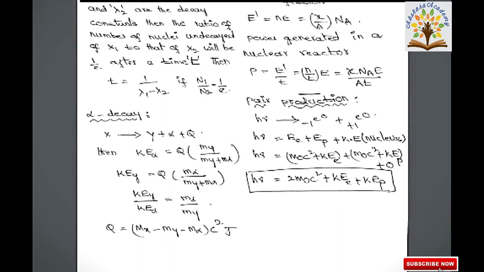And the ratio of kinetic energy of Y to kinetic energy of alpha particle is KY by K alpha is equal to m alpha by mY. And the total energy released in this nuclear reaction is Q is equal to (mX minus mY minus m alpha) c square joules.